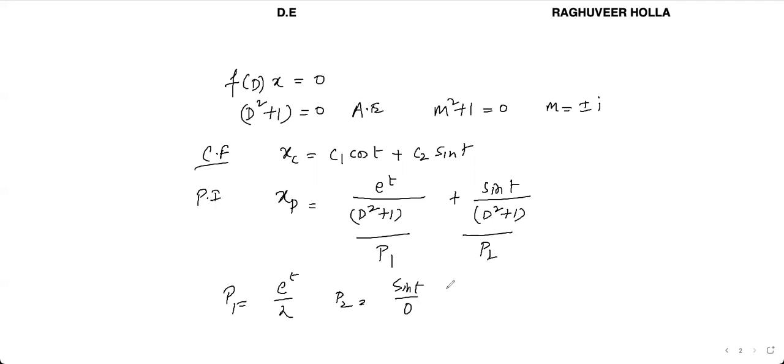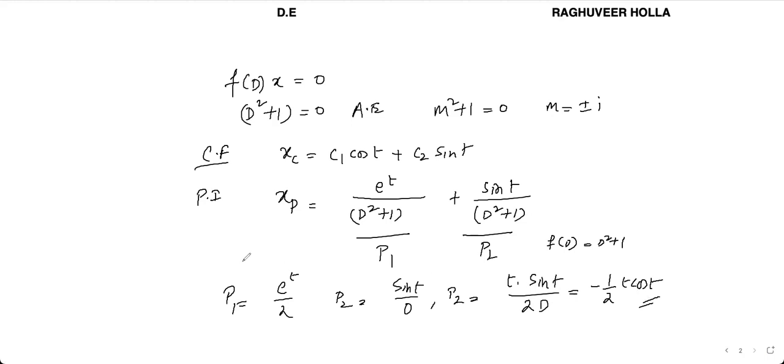So again, once you get the denominator 0, you have to do it differently. That is t multiplied by sin t divided by f dash, where f is D square plus 1 and f dash will be 2D, or this is minus 1 by 2 t cos t.